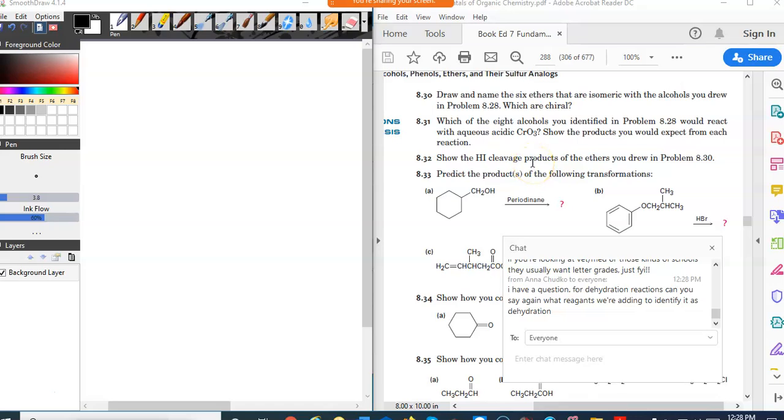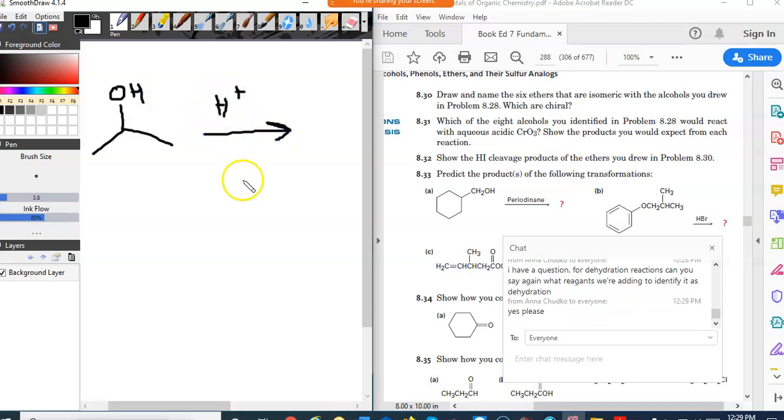I have a question for dehydration reaction. Can you say again what reagents we're adding to identify a dehydration? Yep, so a dehydration is acid and heat. We can go over that mechanism again, because understanding the mechanism helps you understand the reagents. It's basically a strong acid.